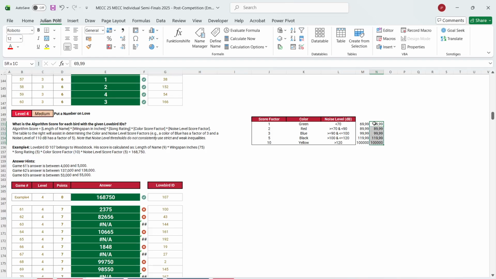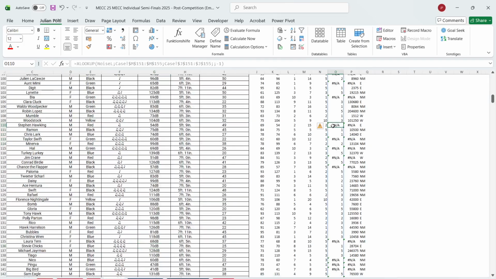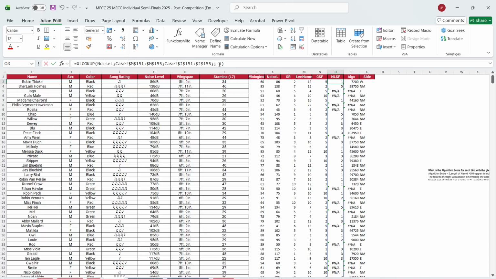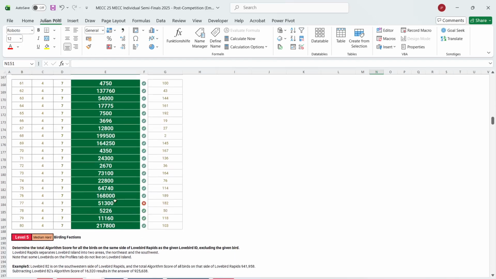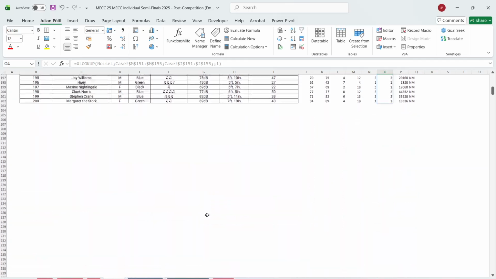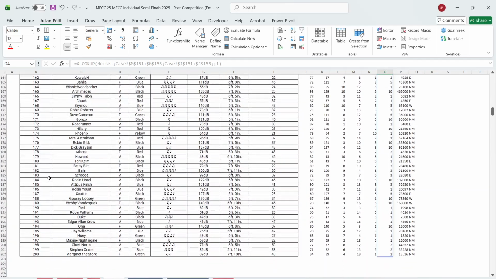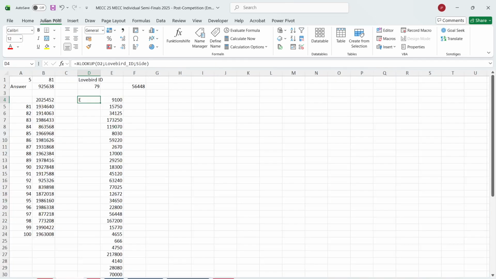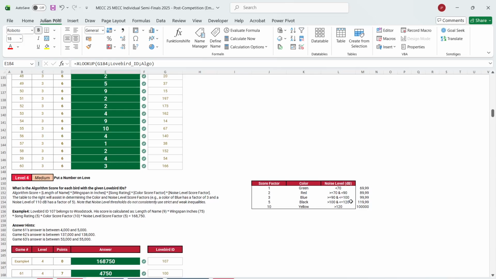Now exact match or next larger item. This is 182. Noise level of 100, and it is getting a score of 5, which is wrong.